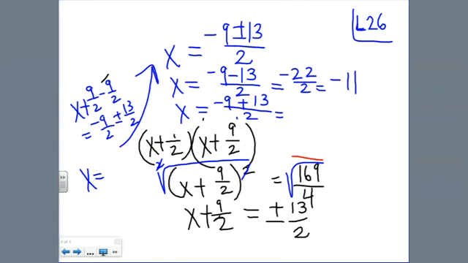And when we simplify our second fraction, we get 4 over 2, or just 2. So -11 and +2 is our solution set.